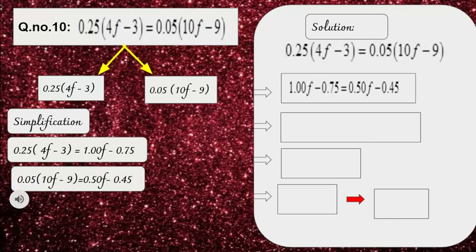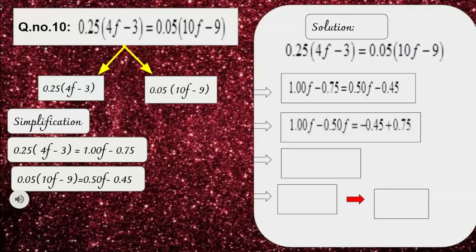Now in the third step, same as usual, we are shifting the variable to the left side and the constant to the right side. Here from the right side, we are taking 0.50f to the left side. It will change as minus 0.50f. Same way, from the left, we are taking minus 0.75 to the right side.